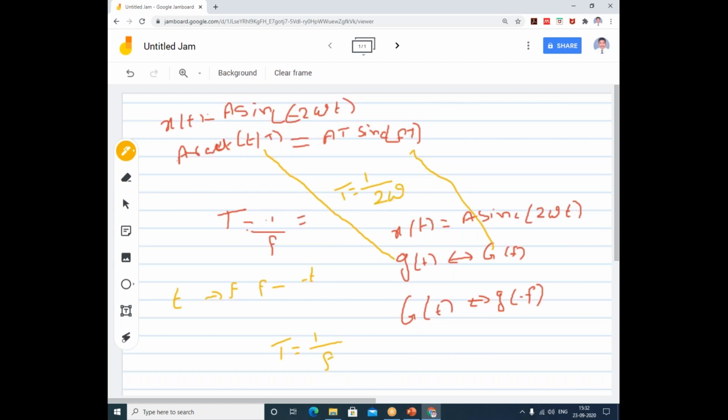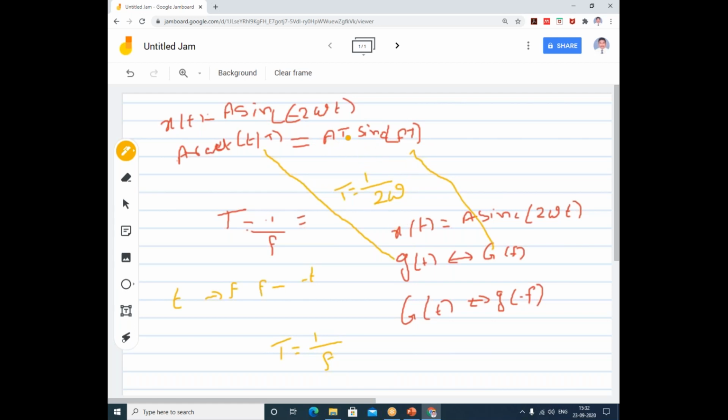Please try to understand why I can write capital T as 1 by 2 omega. So when you replace t with f and f with t, you can write as 1 by f, so that it becomes 2 omega. So I can write capital T as 1 by 2 omega.